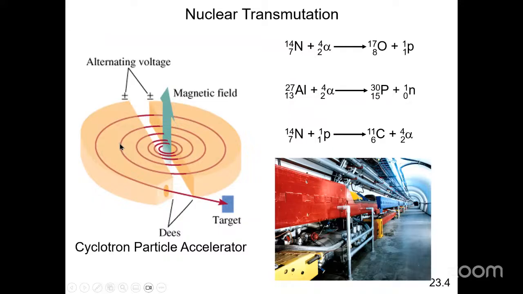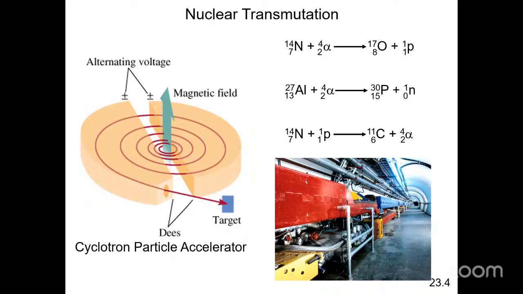And then immediately there's a switch where this becomes positive and this D becomes negative. Because this becomes positive, the particle starts being repelled into the other D, which is more negative. And then there's a switch again where this becomes positive and that becomes negative.